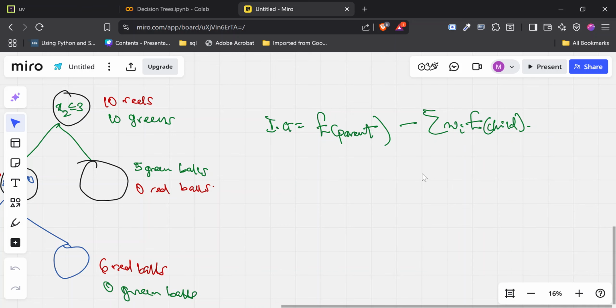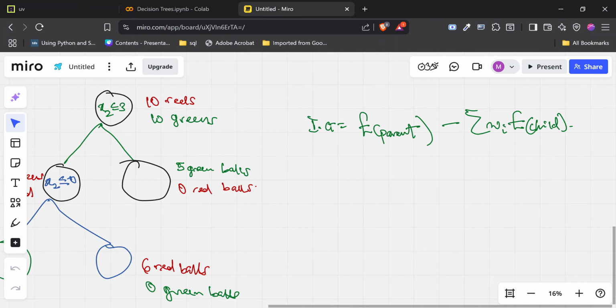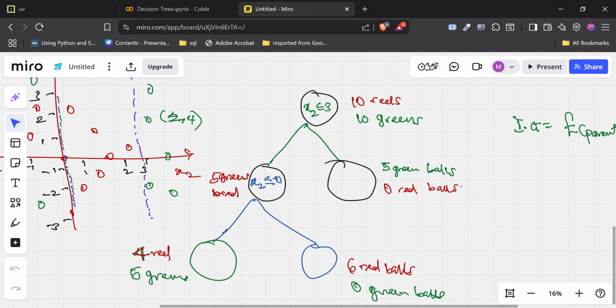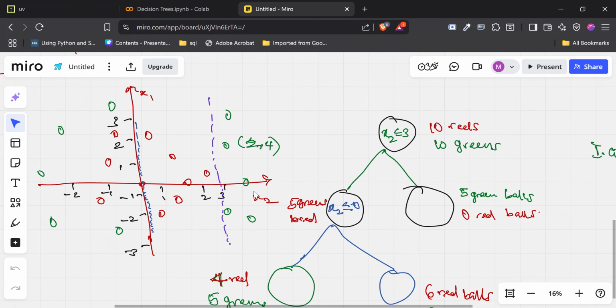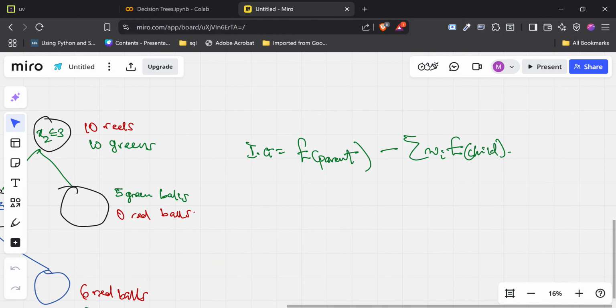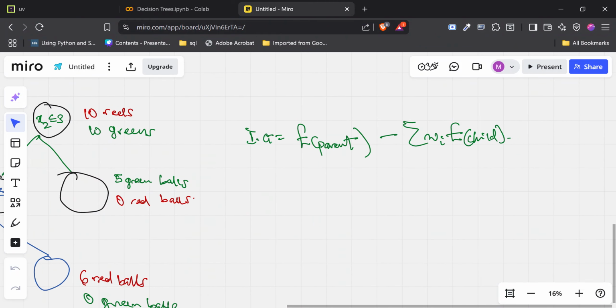So what is entropy? Entropy is one of the criteria that we use to train a decision tree. Basically, entropy is a measure of impurity, and it is not the only criterion. There is Gini, and a lot of others like that. But entropy is easier for us to use in this case.